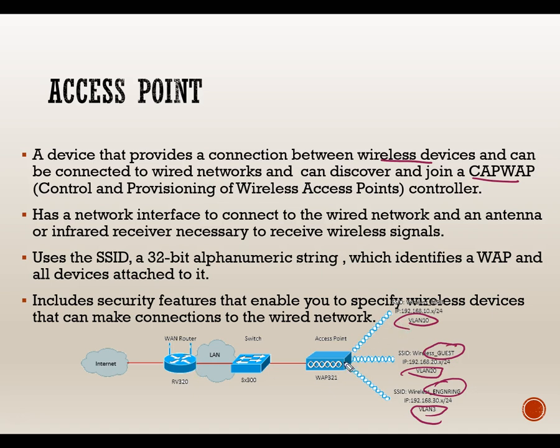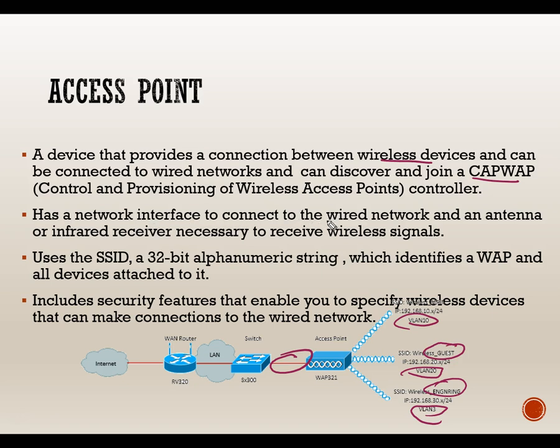So wireless access point, VLANs on the wireless access point, SSIDs on the wireless access point. Connect at some point a wired connection to the network. So provide the wireless and can be discovered and join a control and provisioning of wireless access points, CAPWAP controller, a wireless controller.